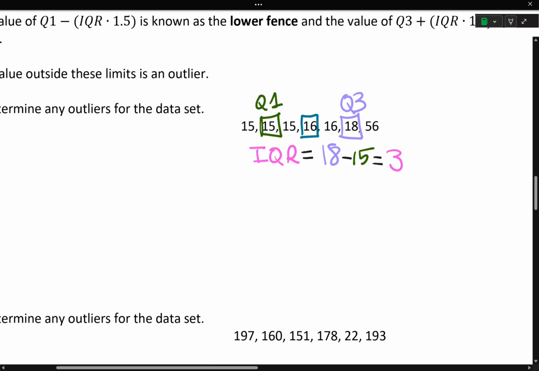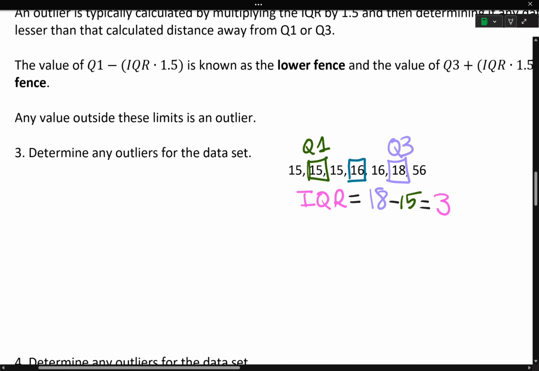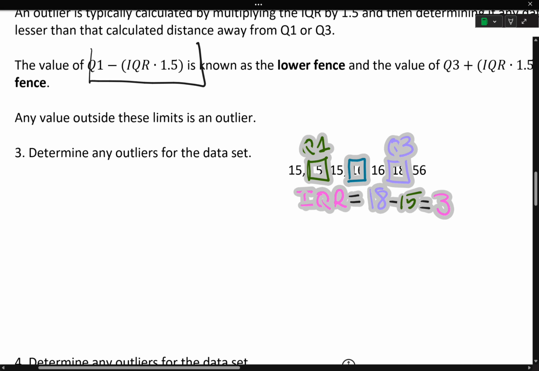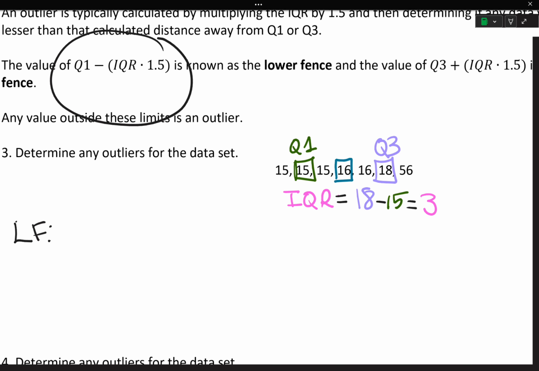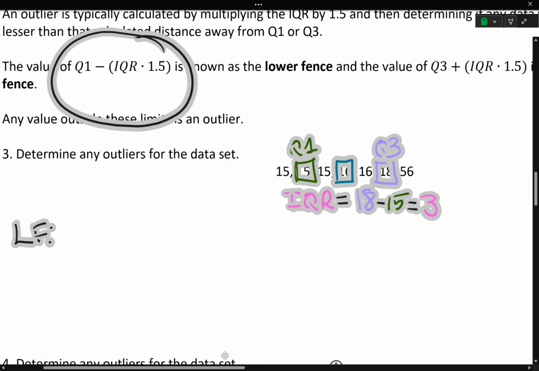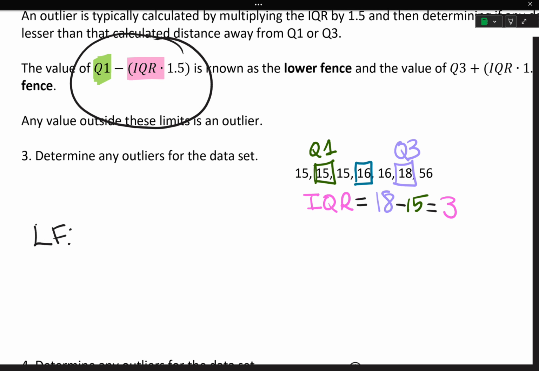Okay, so let's calculate the lower fence. Here is my formula. So we got LF. I'm going to circle that formula a little better. There it is. Q1 minus IQR times 1.5. Q1 is 15.